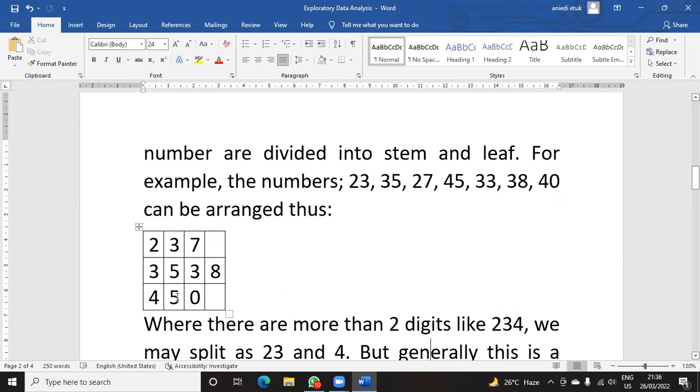Then the next person is 33, you go to where you have 3 and write 3 here. Then the next is 38, you write 8 here. Then the next person is 40, now put 0.